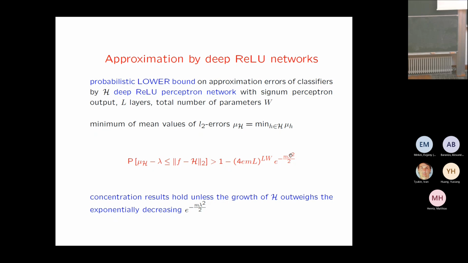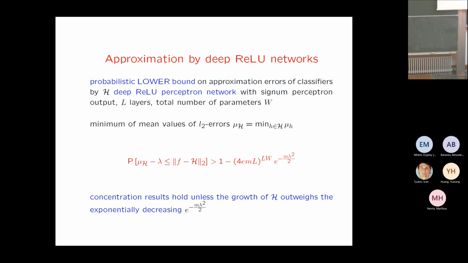And if this is small and this may not be so small, so we will have a large probability that for any randomly chosen function, the L2 distance is greater or equal to this minimum of the mean values, minus some lambda, which is small enough, simply not to outweigh this exponential increase with m. You can take it as, I don't know, fourth root of m, for example.